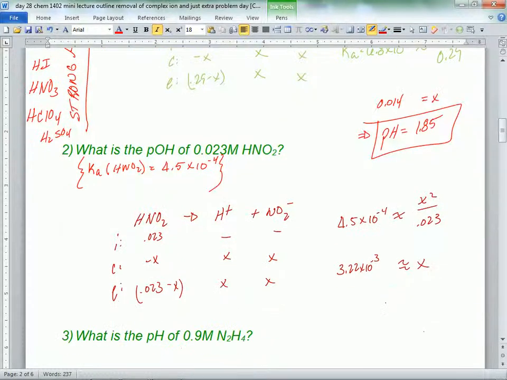Yeah, 11.5 for pOH. Remember, your x is hydrogen ion, so when you take the log of it, you have to subtract from 14.